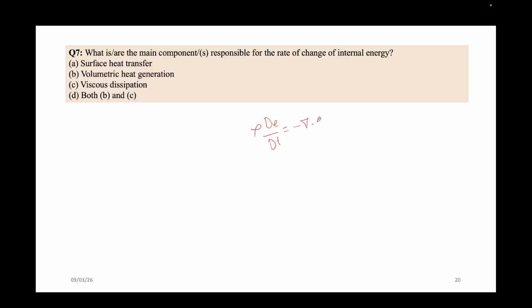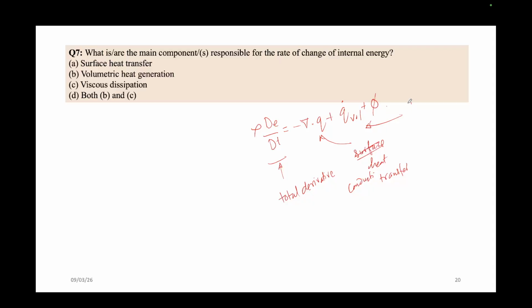Basically, this is the energy equation that you will get. This is your total derivative, or rate of change of energy of the system, right? And this is your conduction heat transfer.